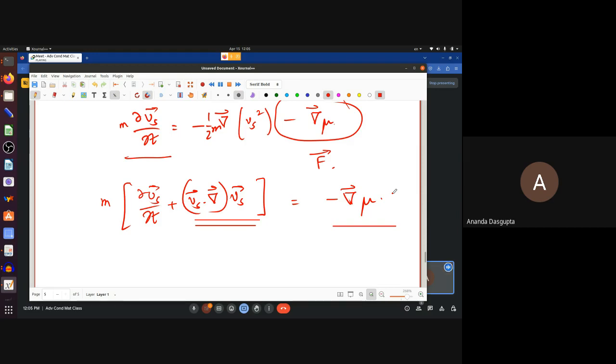The force here, if I could show that this is actually the equation that comes out, the force is minus grad mu, which means it's a gradient of a potential energy term. In other words, it's a conservative force. Only conservative forces have gradients.